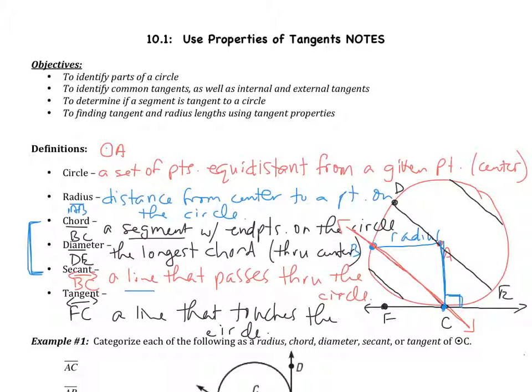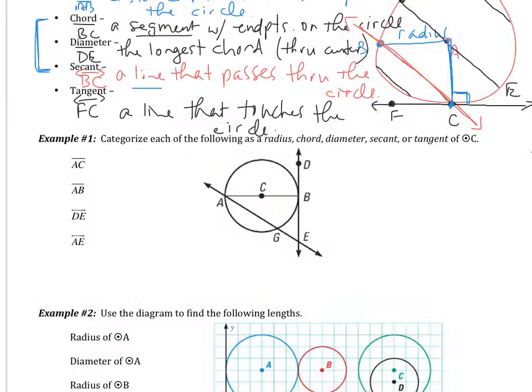All right, so then try example 1 on your own. Emily, what'd you get for AC? Radius. Julie, what'd you get for AB? Diameter. Who's got DE? Notice it has the arrows. DE, you got tangent. That is correct.